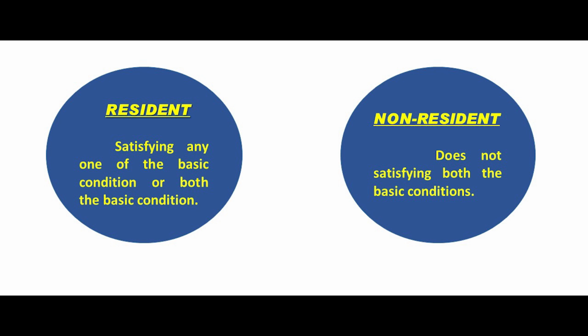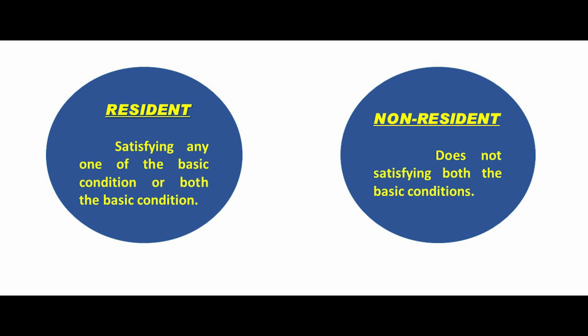If an assessee satisfies any one of the basic conditions or both the basic conditions, we can say he is a resident. Otherwise, if an assessee does not satisfy either of the basic conditions, we can say he is a non-resident.